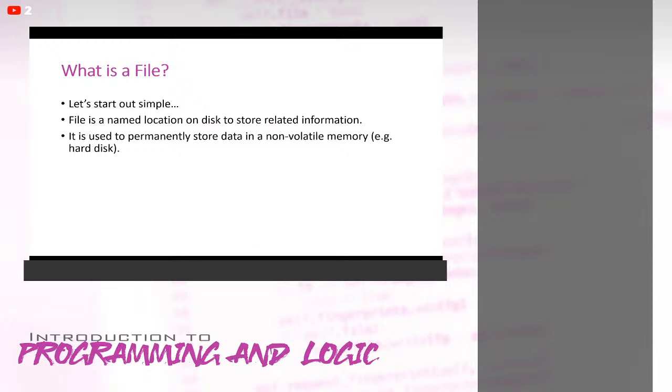But a file is simply a named location on a disk to store related information, right? So we take some data, we encapsulate it into a format, and that is stored on non-volatile memory.